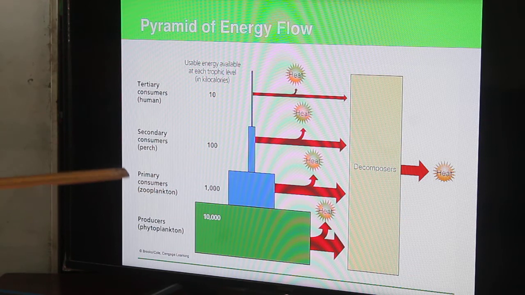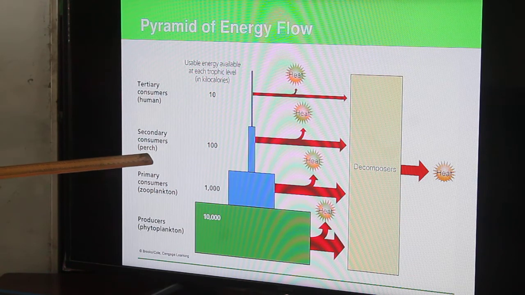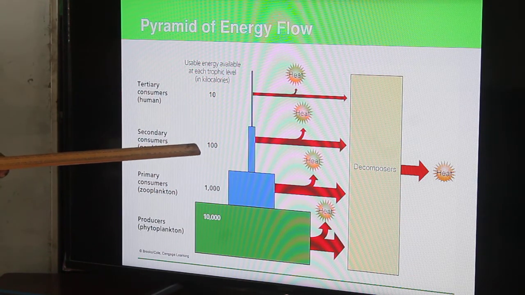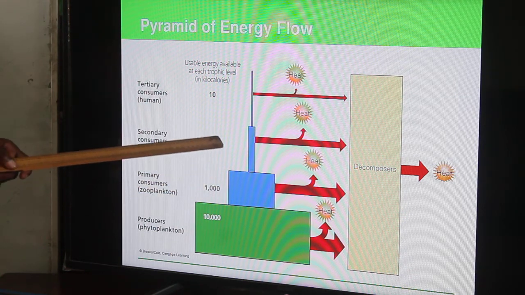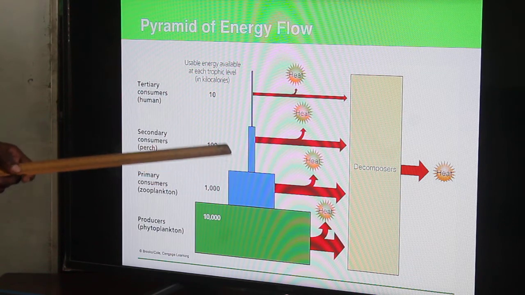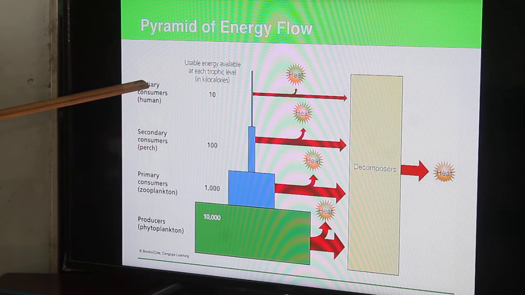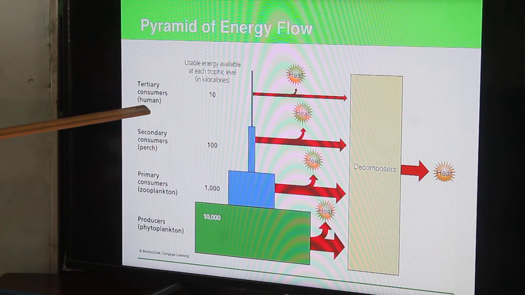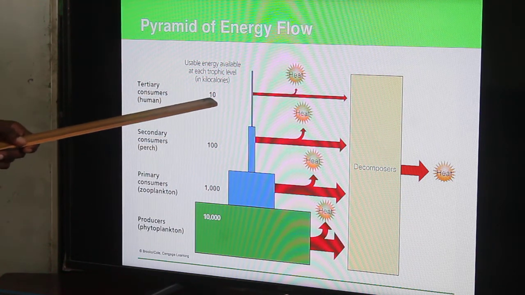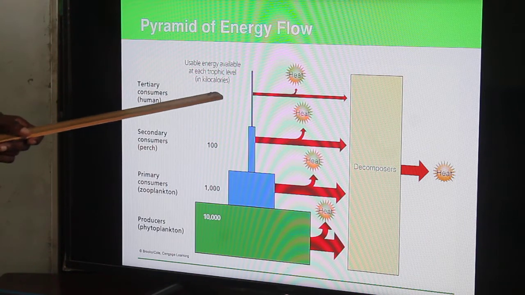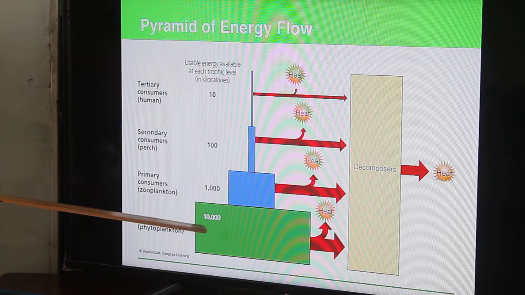These primary consumers are fed on by secondary consumers, for example, the Nile perch, a type of fish. This population of zooplankton can only sustain a small amount, which are further fed on by the tertiary consumers, especially the human, feeding on this particular fish. You can see the amount of energy in kilocalories that's being transmitted from the original 10,000.